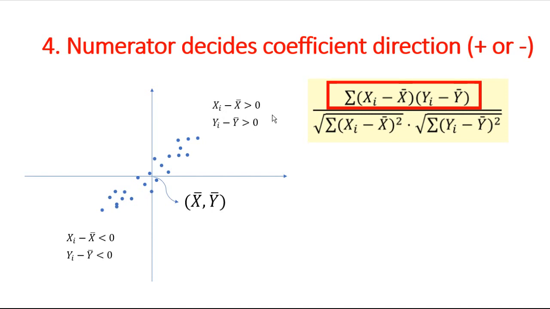So if we multiply those two, then the sign is positive. In the third quadrant, xi minus x bar is less than 0 and yi minus y bar is less than 0. So if we multiply those two, then the sign is positive. So that's why we can have a positive correlation once we have this kind of data.